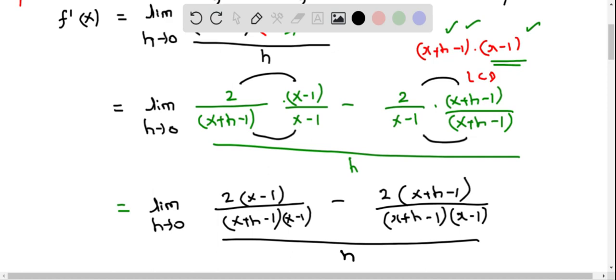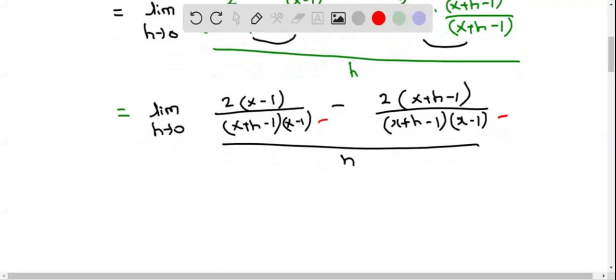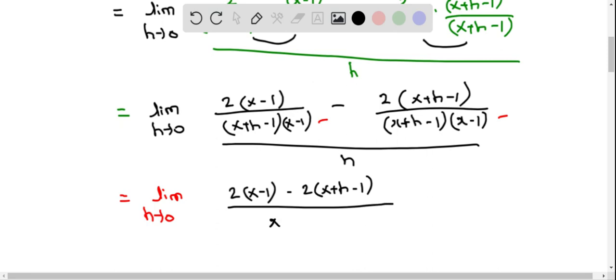Now we can clearly see that we have a common denominator, so we can combine these two fractions just by subtracting the numerator parts. So I can write this as the limit as h approaches 0 of 2 times x minus 1 minus 2 times x plus h minus 1 over just one denominator, that is x plus h minus 1 times x minus 1. This time I'm going to put this multiplied with 1 over h. So we can write it like this as well.